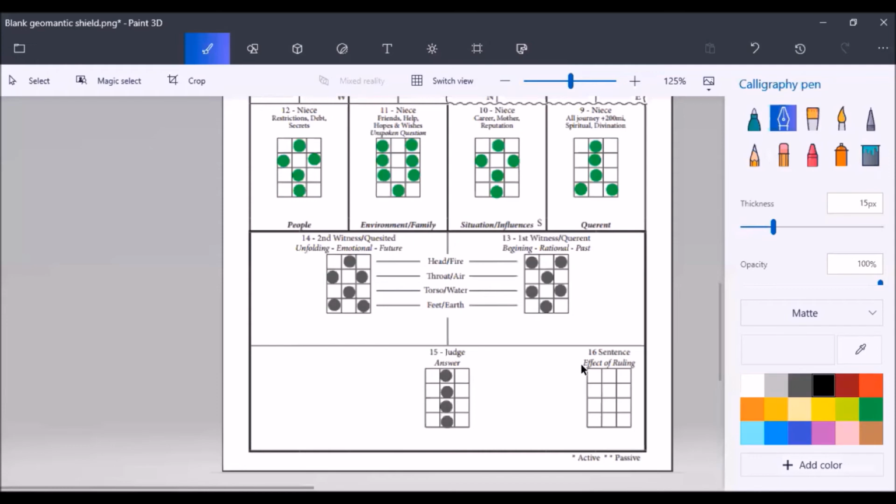So when working with the witnesses, the right witness represents the querent, the person asking the question. And the left witness represents the quesited, the thing being asked about. The judge describes the relationship between the querent, the person asking the question, and the quesited, the thing being asked about.